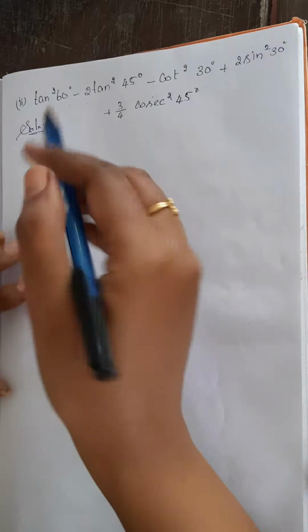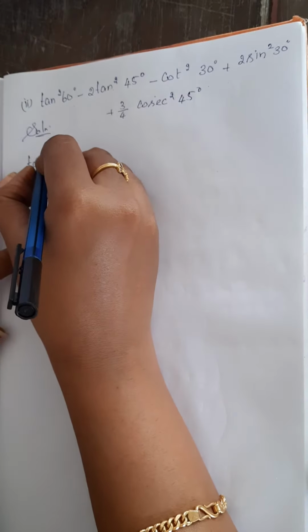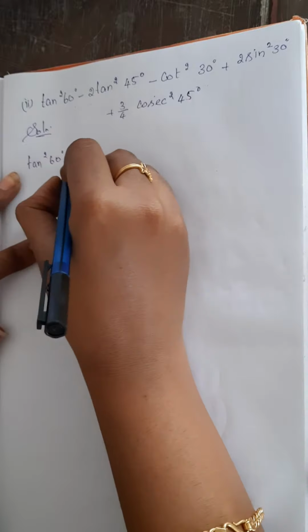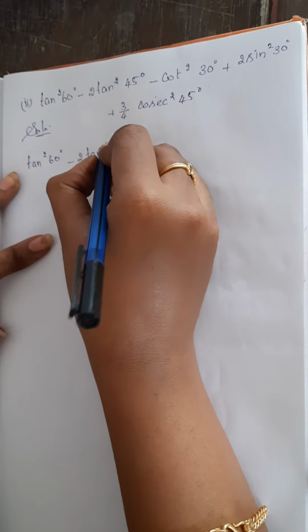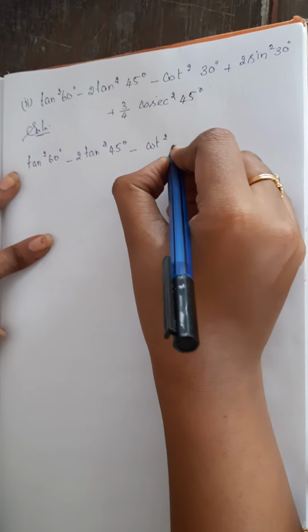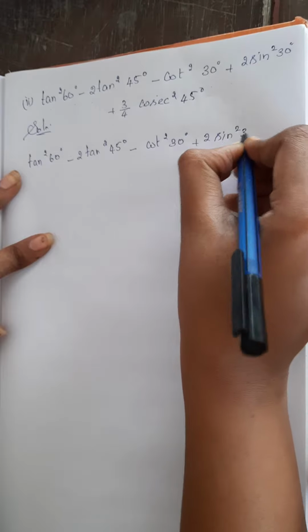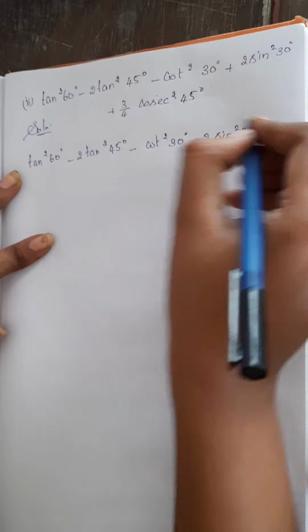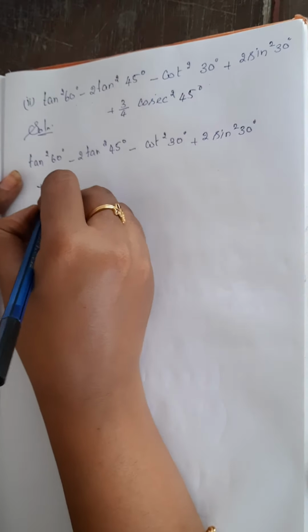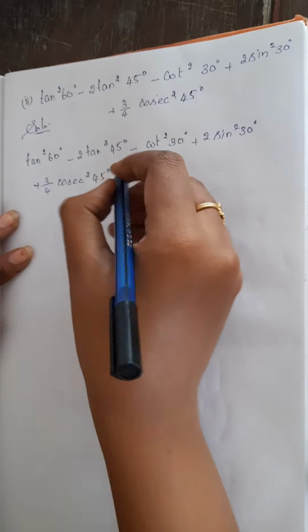Okay, so as you write it, tan square 60 degree minus 2 tan square 45 degree minus cot square 30 degree plus 2 sin square 30 degree plus 3 by 4 cosecant square 45 degree.